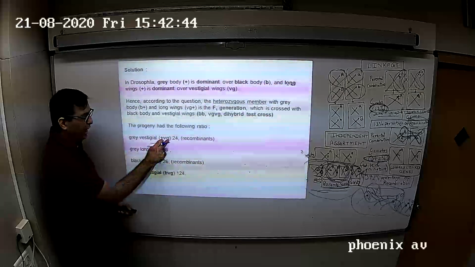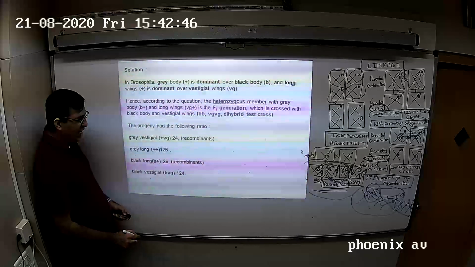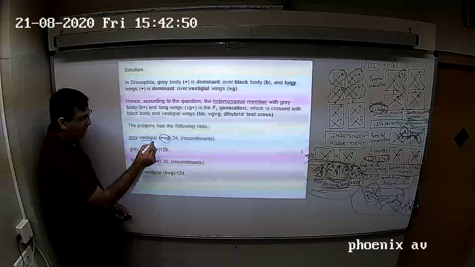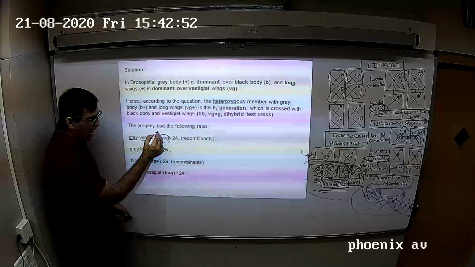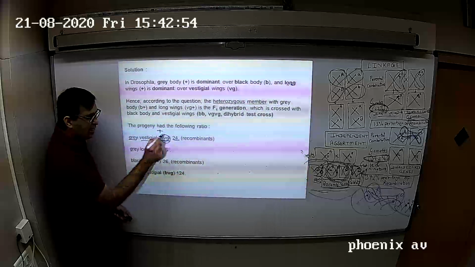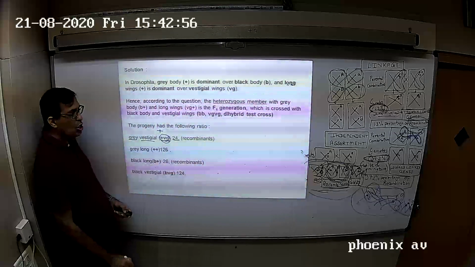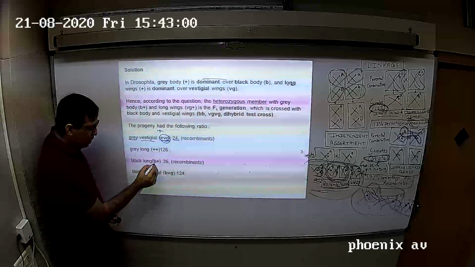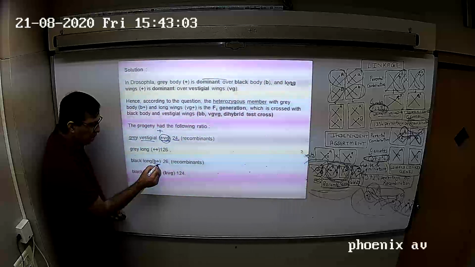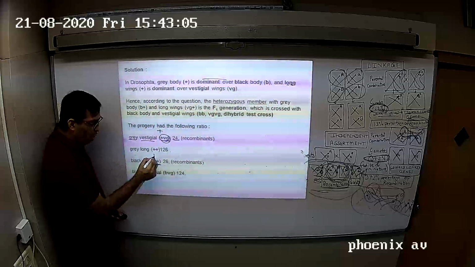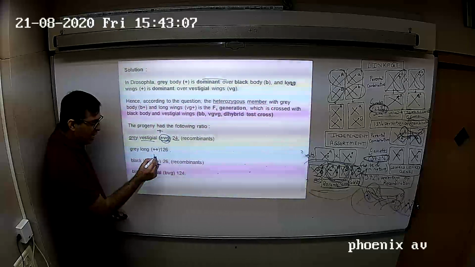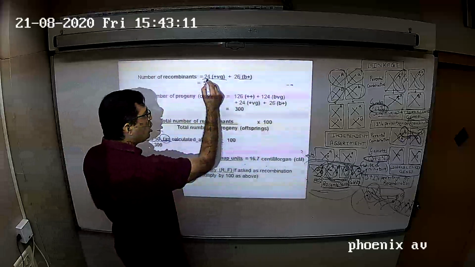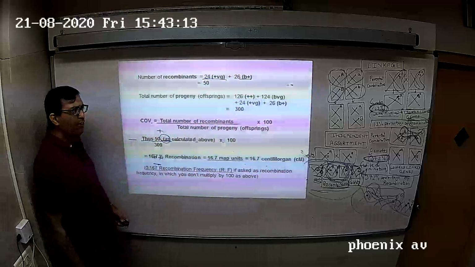Plus vg is a recombinant. Gray and vestigial, as I said, plus with a small alphabet is a recombinant. So 24 is plus vg and b plus is again a recombinant. So 24 plus 26 equals 50.